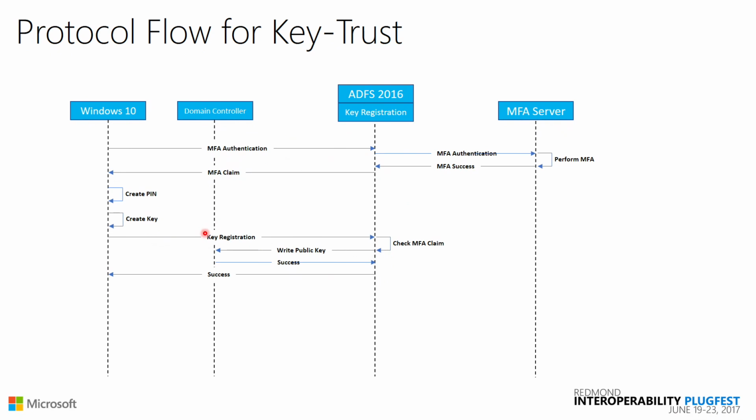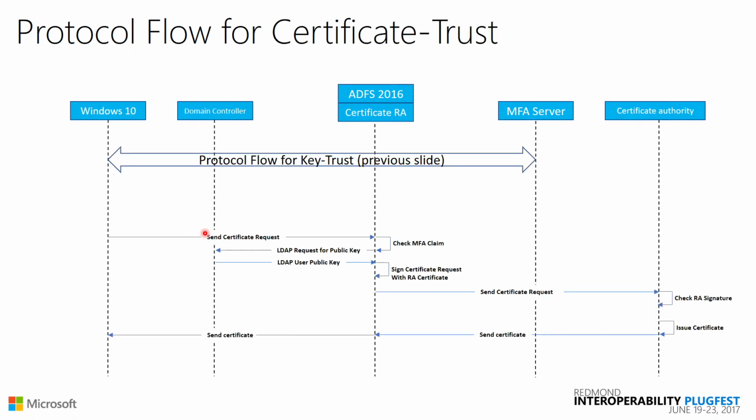This is actually described in the MSKPP document. And in the next slide, this step here, since ADFS actually communicates over HTTP and it uses OAuth and OpenID, OAuth for authorization and OpenID Connect for authentication.